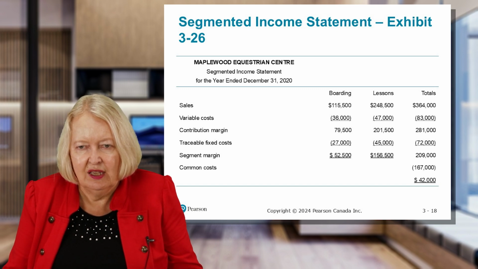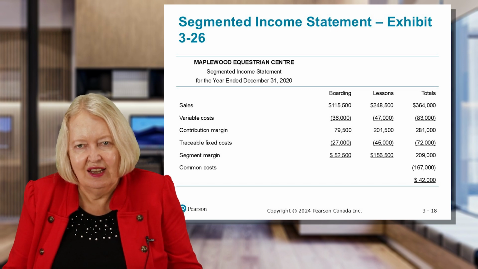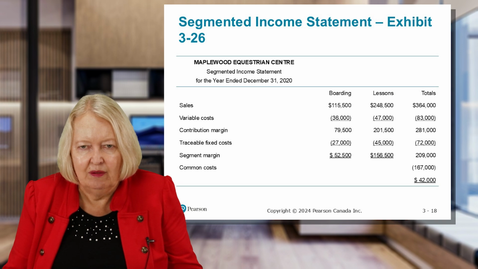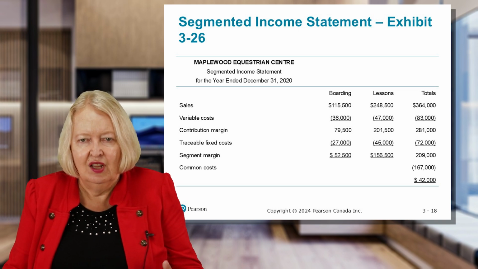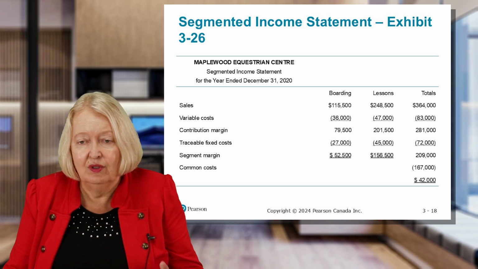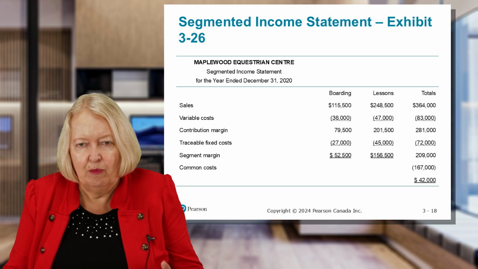Down here you see the $167,000, that's the common cost. So if you gave up the boarding part, you're not going to save any money here. You're still going to have this $167,000 common cost, because you've got the cost of renting those stables and the insurance and so on for that.